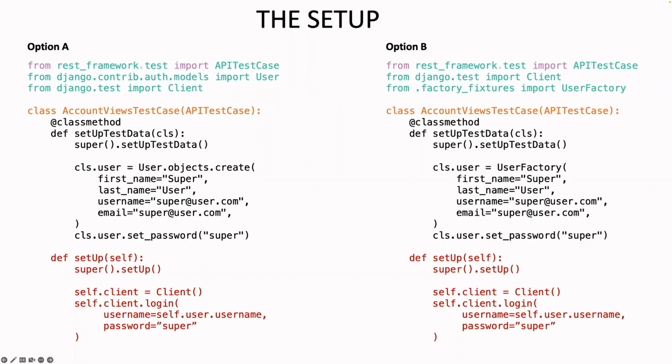Another thing you might have noticed is, instead of just using TestCase, I don't know if you can see my mouse or not, we have APITestCase instead of just TestCase, which is what we usually use for Python. The reason is that we are specifying that we're actually testing a REST API, so we have to be specific.